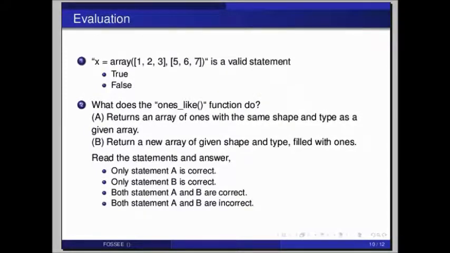So now here are some self-assessment questions for you to solve. The first one, x is equal to array within square brackets 1, 2, 3 comma in another square brackets 5, 6, 7 is a valid statement. So it's true or false. And the second one, what does the ones underscore like function do?